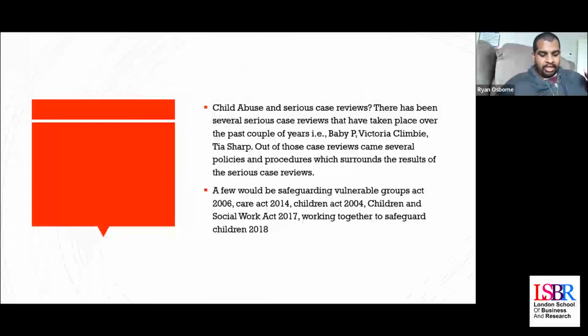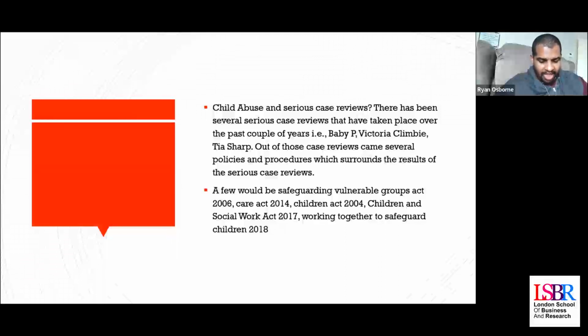So they're just some of the acts, legislations, policies, and procedures that have come about from these serious case reviews.